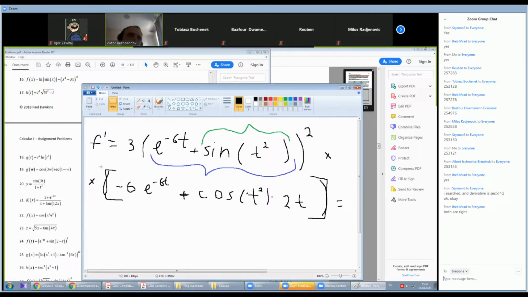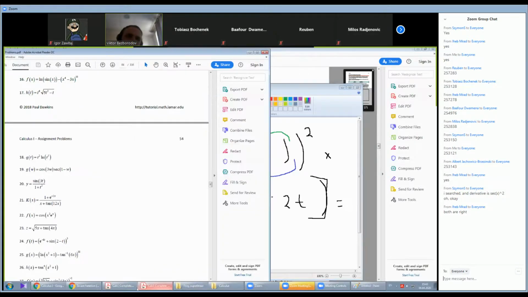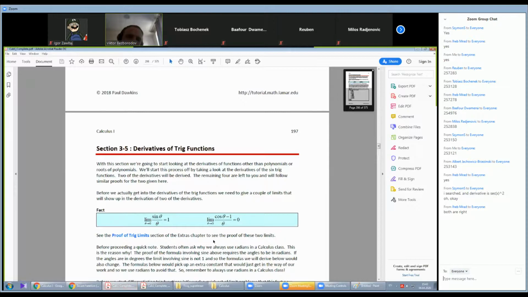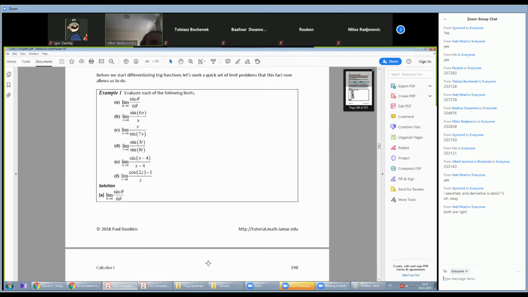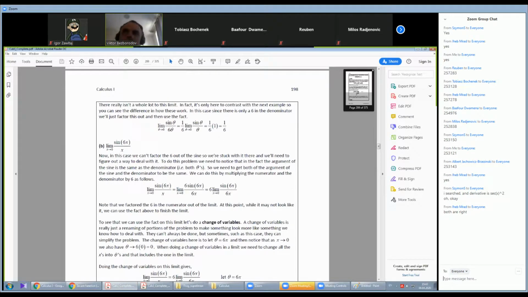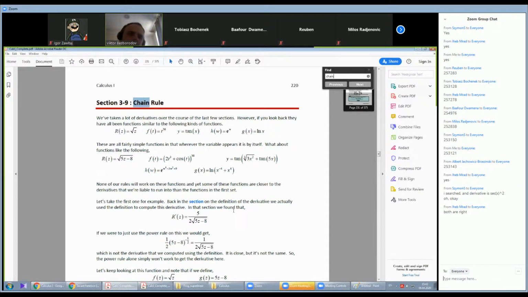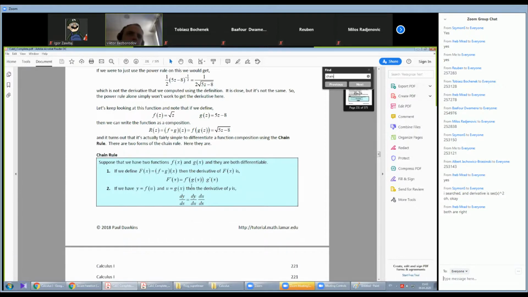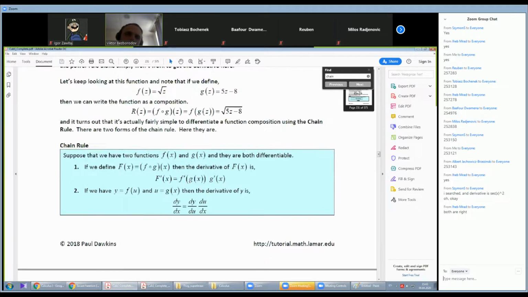If we go back to our formula, okay, let me go back here. So this is a formula, right? In this example, this small f was x cubed.